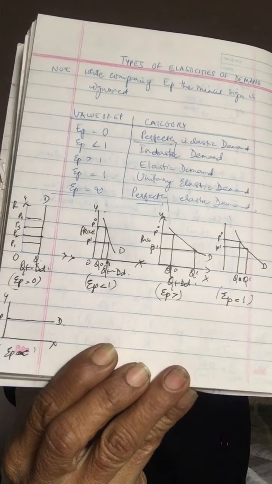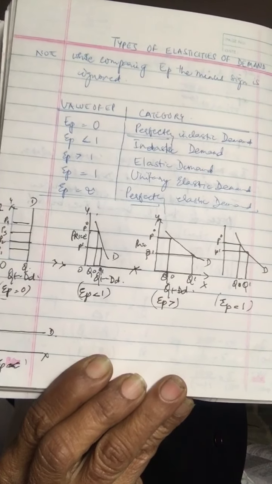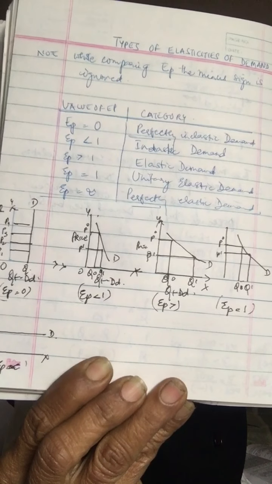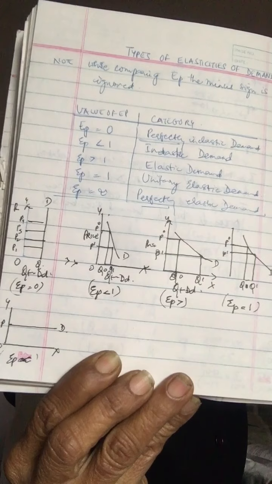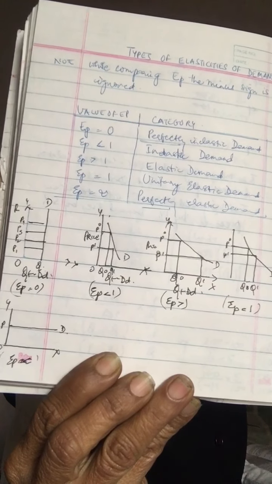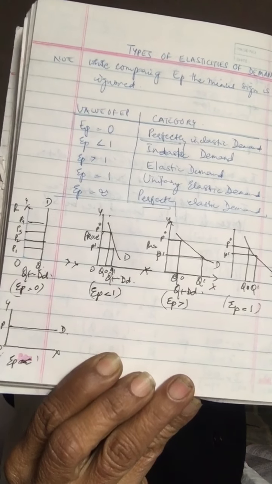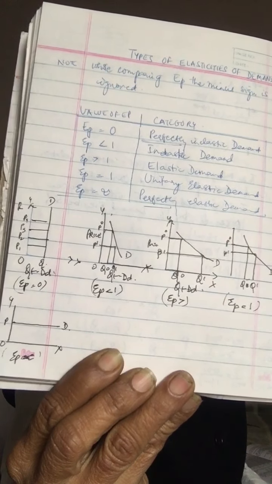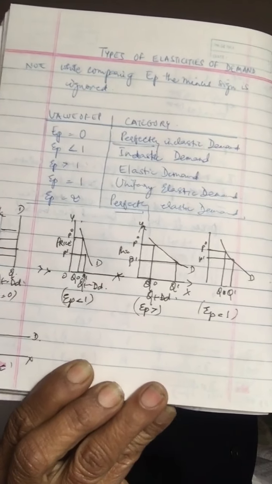In the next class we're going to discuss the factors that determine price elasticity of demand, that is, on what basis you categorize elastic, highly elastic, inelastic. So that is inelastic. We can give an example: all necessary goods have inelastic demand. You do need them, no matter what the price is.